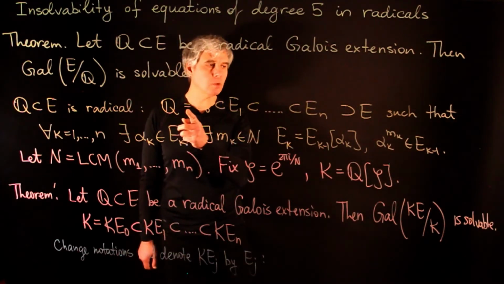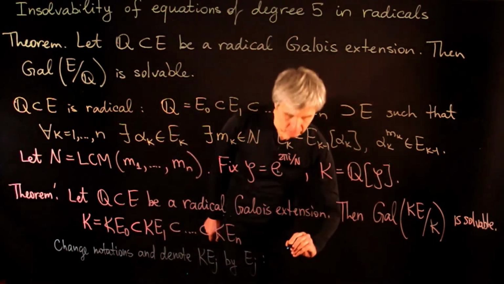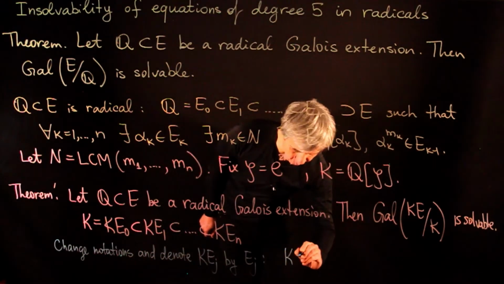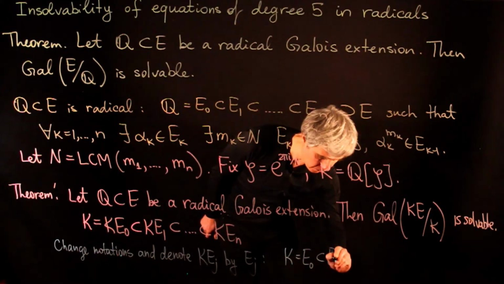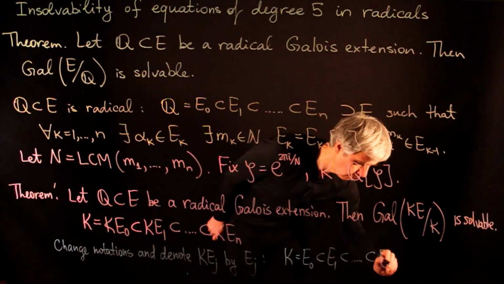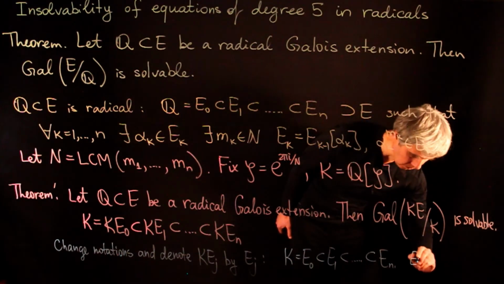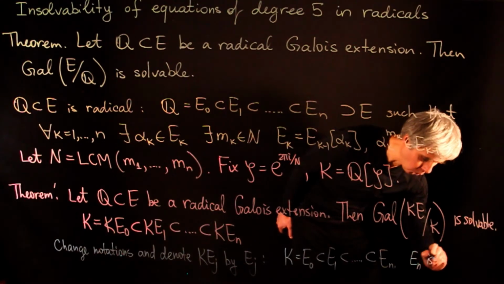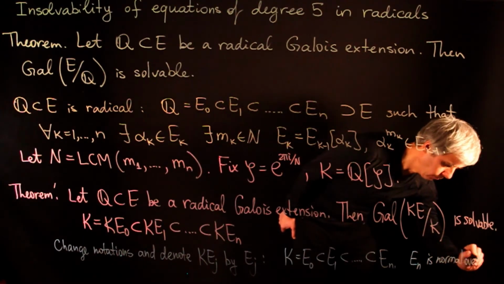And then we're going to get this chain, but it will start not with Q, but with K. So we will have that K is E0, will sit inside E1, and so on, inside En. And we will have that En is normal over K.